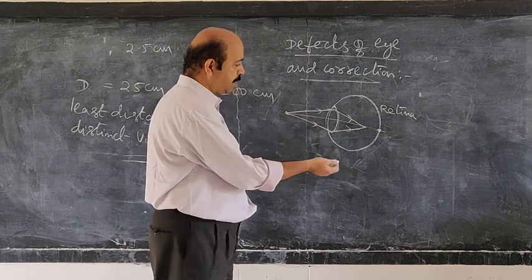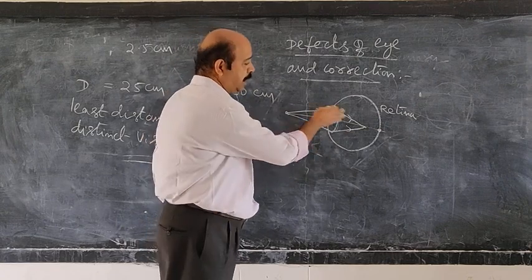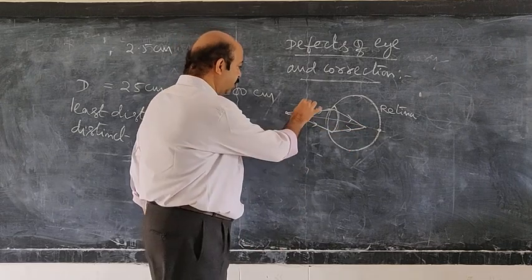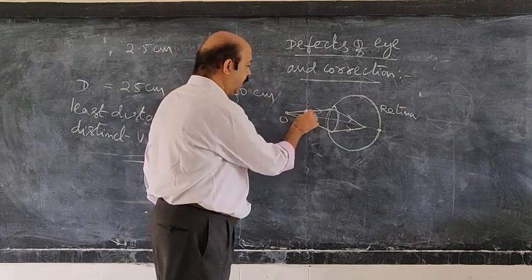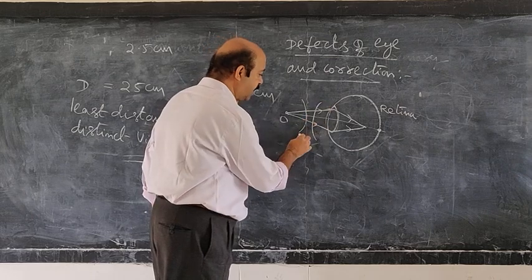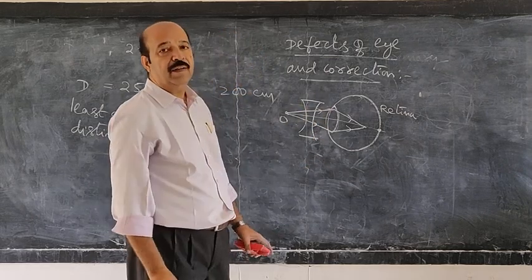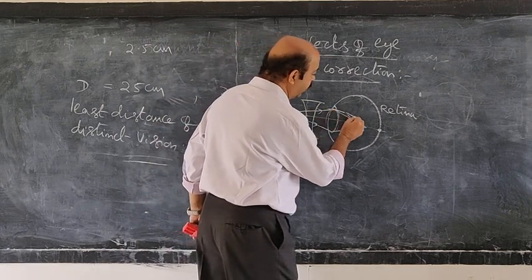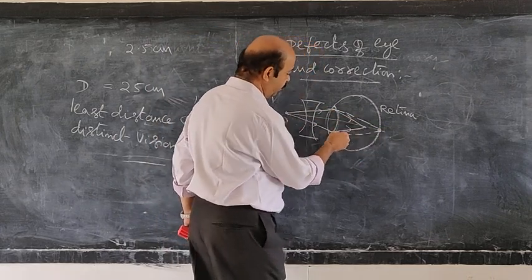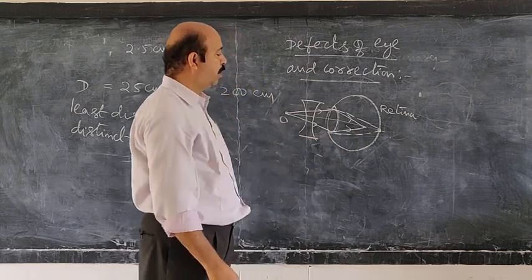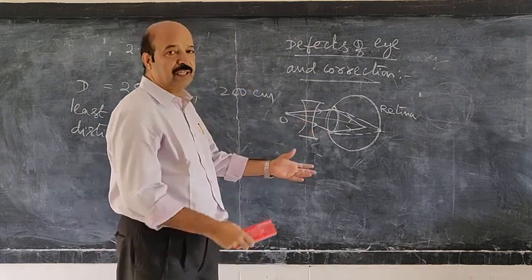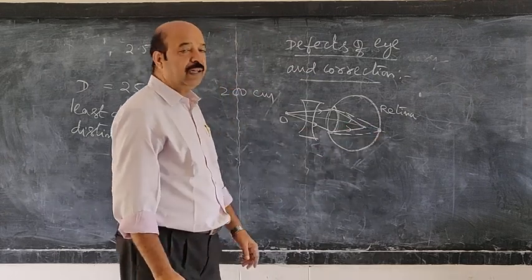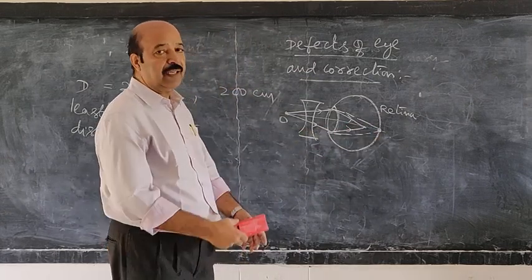To increase the focal length such that the image is formed exactly on the retina, a concave lens of suitable focal length is interposed between the object and the eye lens. Therefore, you will get the image focused because the effective focal length increases, thereby the image is formed on the retina, hence the person can see clearly.